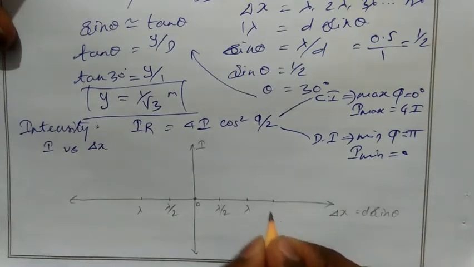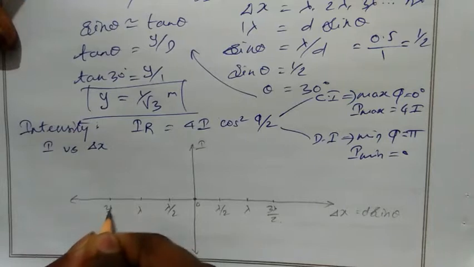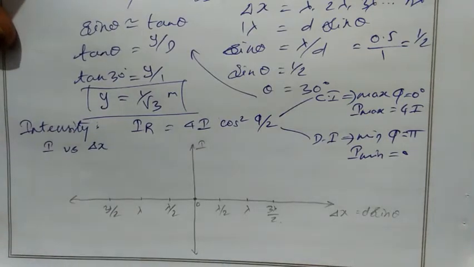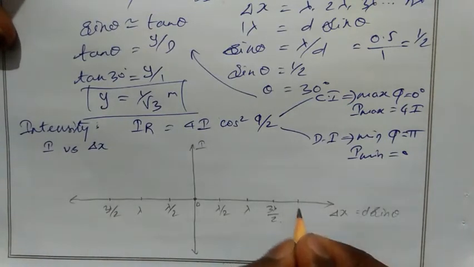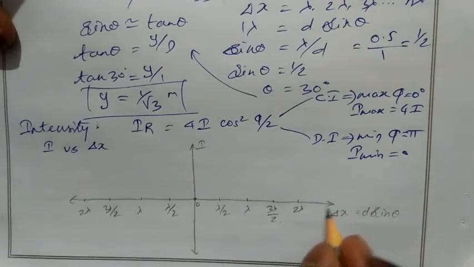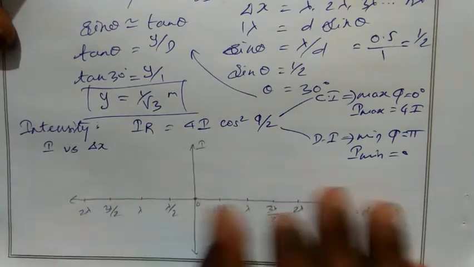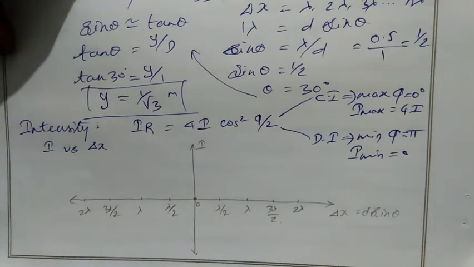Then second dark fringe 3 lambda by 2, so 3 lambda by 2. Then second bright fringe 2 lambda. Then again we get third dark fringe 5 lambda by 2. Okay, fourth dark fringe 6 lambda by 2, that is 3 lambda. So like that the values will go on. So how to draw graph?